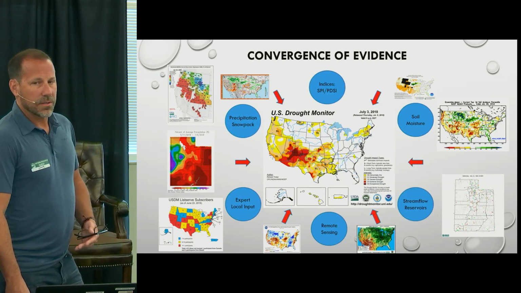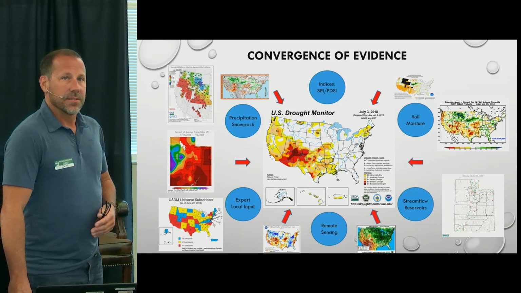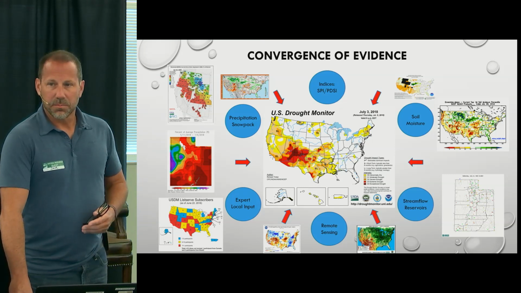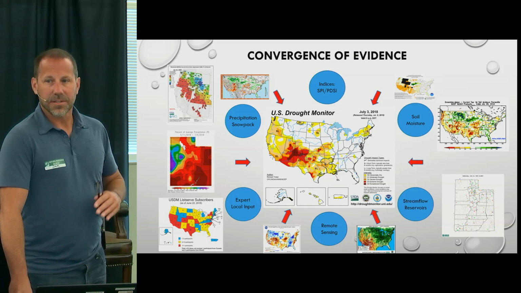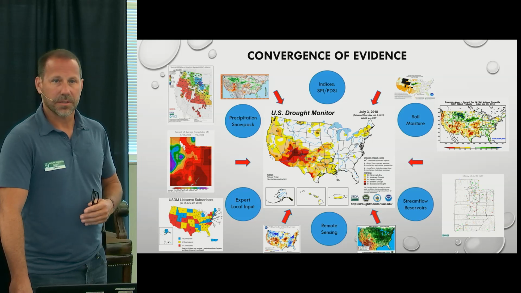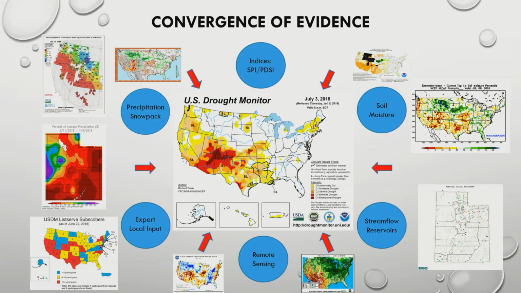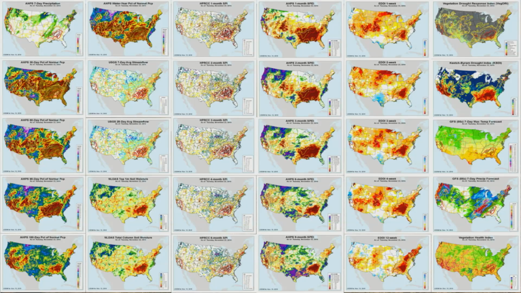So overall, our approach to doing the analysis is a convergence of evidence approach. We're not using a single indicator or a couple indicators to determine the intensity of the drought. We're using a whole variety of different indicators. This is just a sample of the variety of indicators that we use.